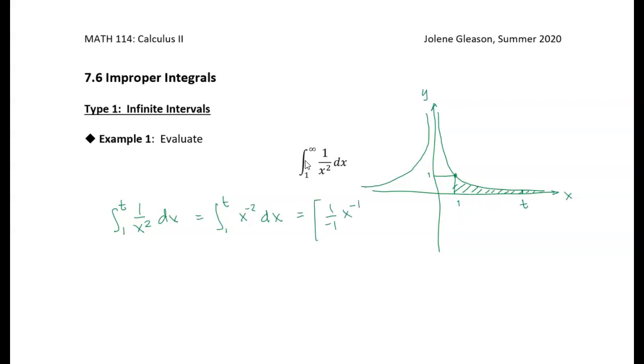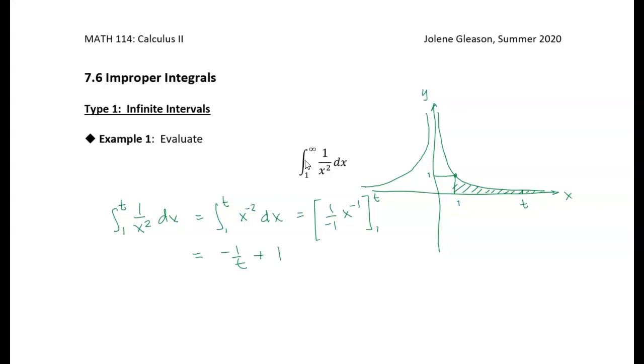And I'm going to evaluate it from 1 to t, just like I would any other definite integral. x to the minus 1 is 1 over x. So when I evaluate it at t, I get minus 1 over t. And then when I evaluate this at 1, it's going to be minus a minus 1, so it's going to end up being plus 1, because it's 1 over 1.